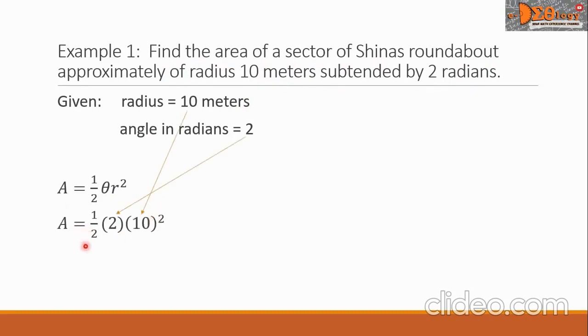So A equals 1/2, theta is now 2, times the r square, the radius is 10, and we copy the square. We will simplify further. We can cancel this 1/2 and the 2, and then we will expand the 10 square. So the area is 100. For the units, we're going to write square meters because we are dealing with area. This is our final answer.